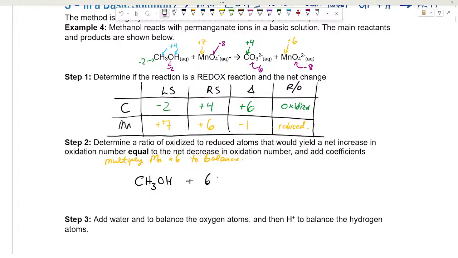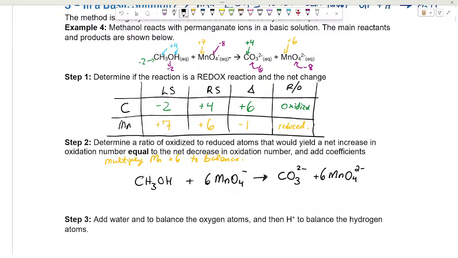Oh my. Forgot six. Yes, I did. There we go. Okay. Now, our oxidation numbers are balanced.